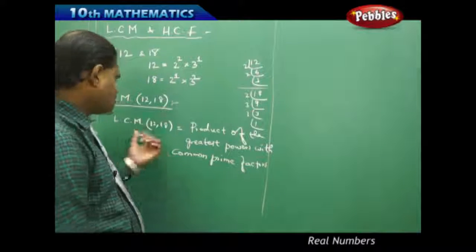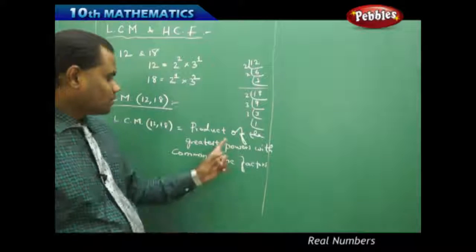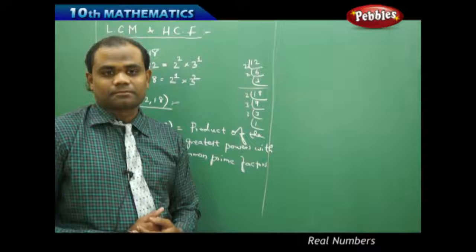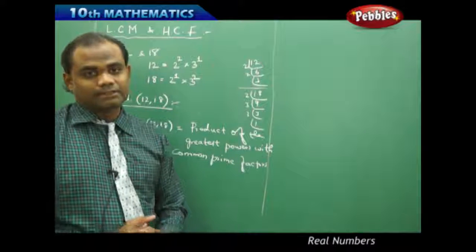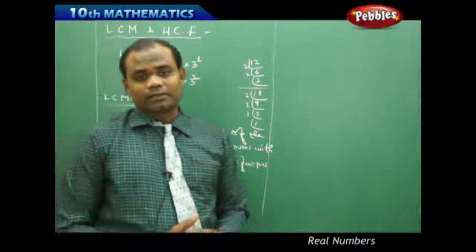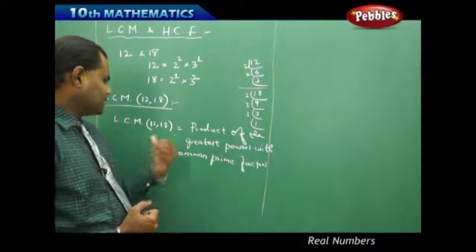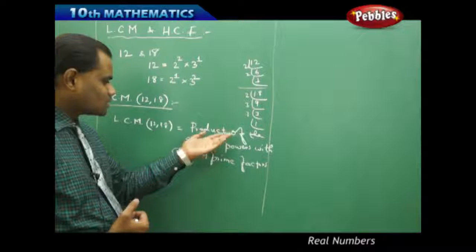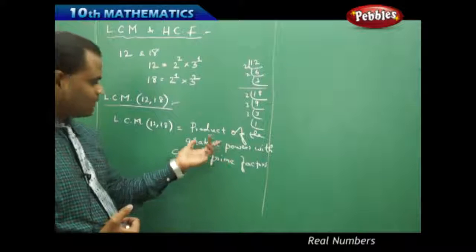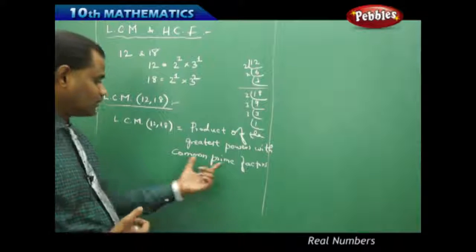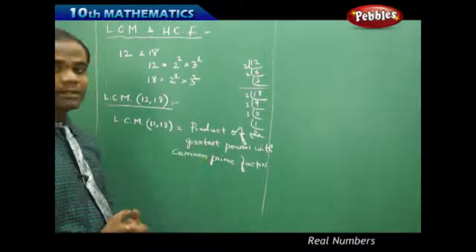Now the LCM of two numbers is defined as the product of the greatest powers with common prime factors. This is how we understand LCM connected with prime factors. So let's see how we can simplify the LCM of 12 and 18 using this method of identifying the greatest powers with common prime factors and then multiplying them.